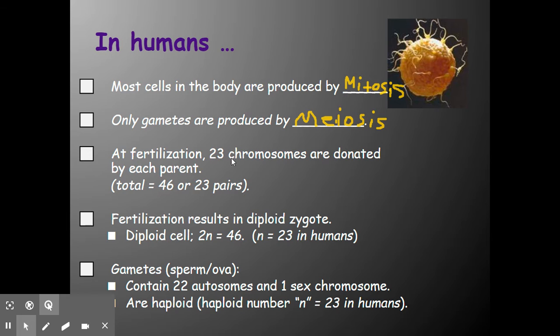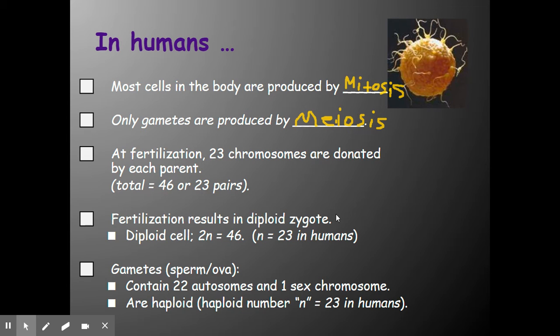At fertilization, we have 23 chromosomes donated by each parent to get a total of 46 chromosomes, or 23 pairs of chromosomes. So fertilization results in what's called a diploid zygote.